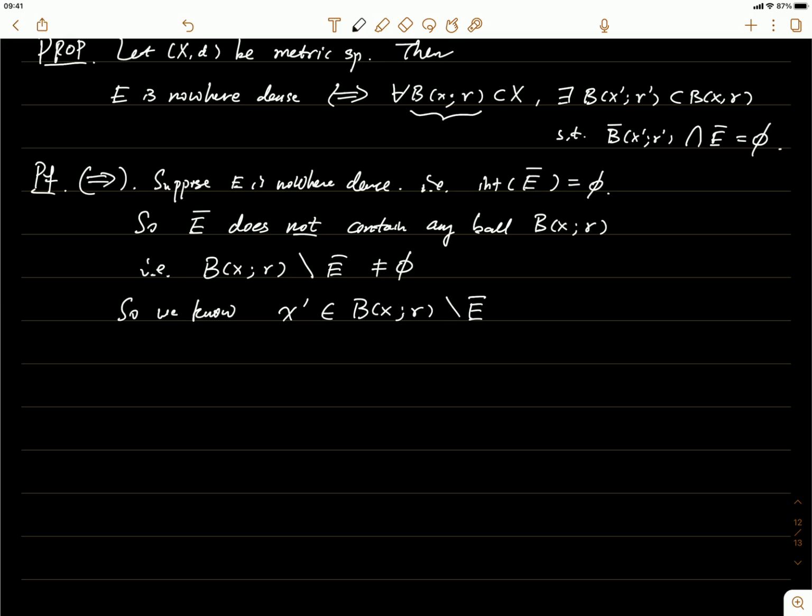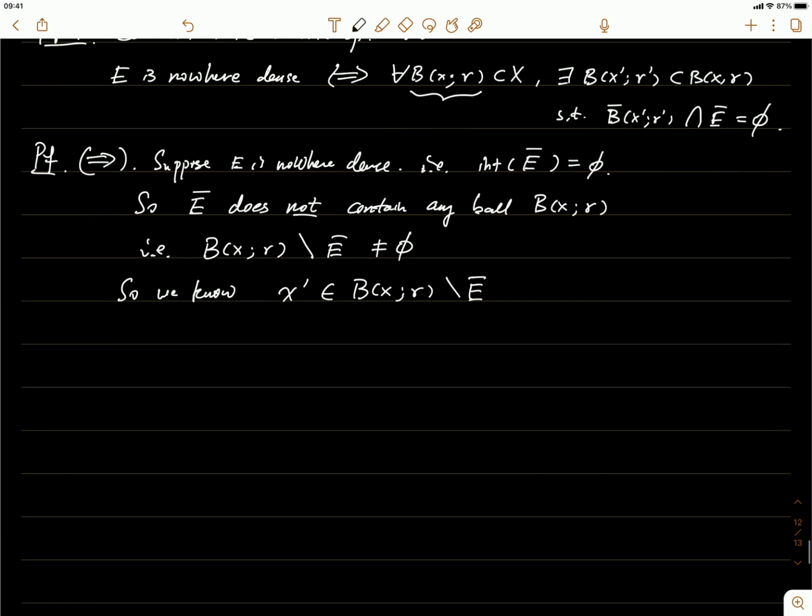Right? Because it's non-empty, I must be able to find such x prime. So the x prime is inside the open ball, but not in here. And that also means that it's inside the intersection of this here.